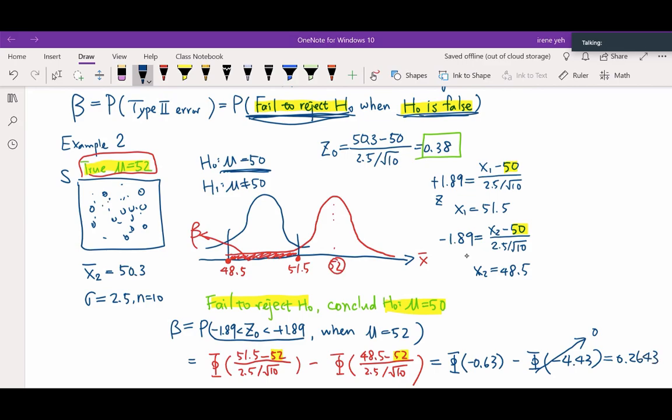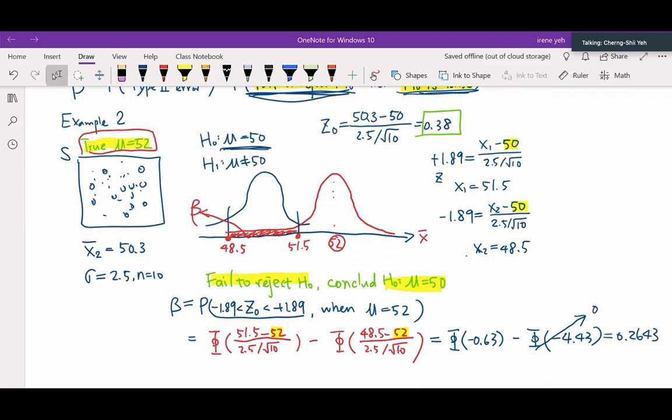So cumulative probability to negative 0.63 in a standard normal distribution, 0.2643. Okay, let's write down the interpretation of that. Beta. This 0.2643 is a beta. Beta is the probability of making a type 2 error. So probability 26.43, a little over a quarter of the sample collected will lead to type 2 error.